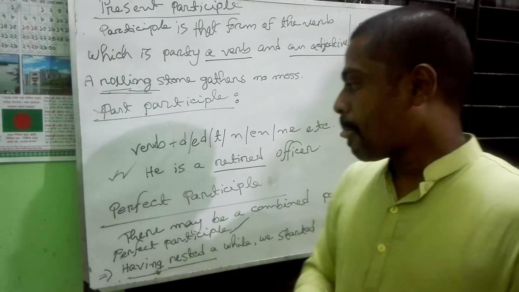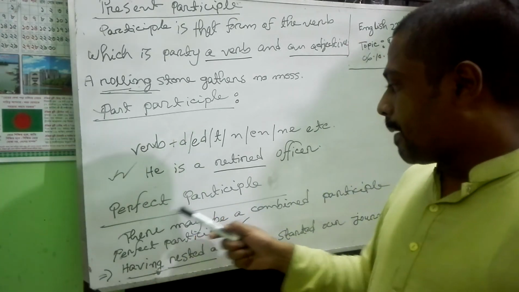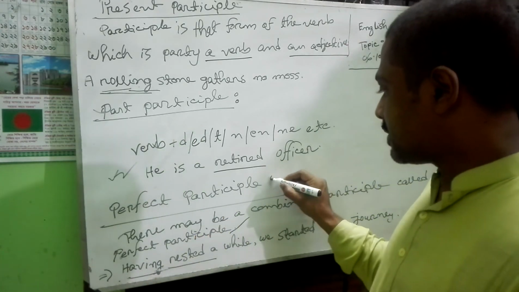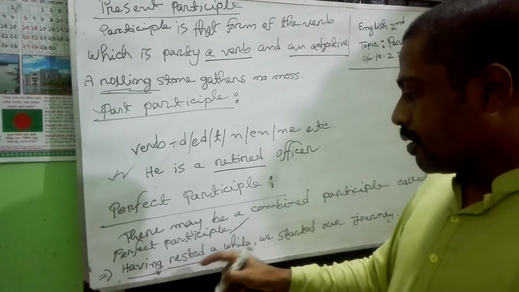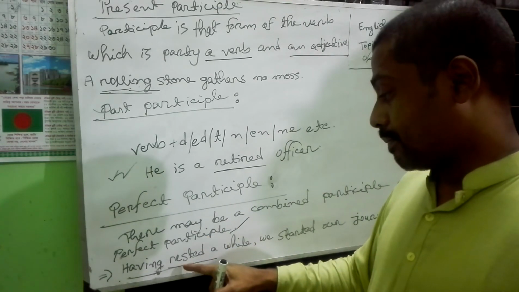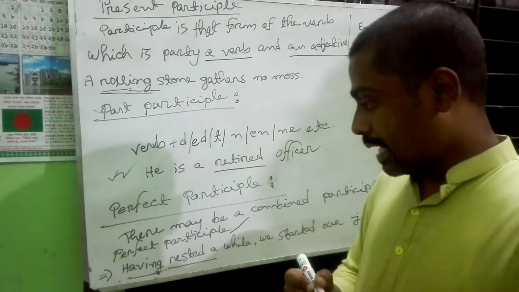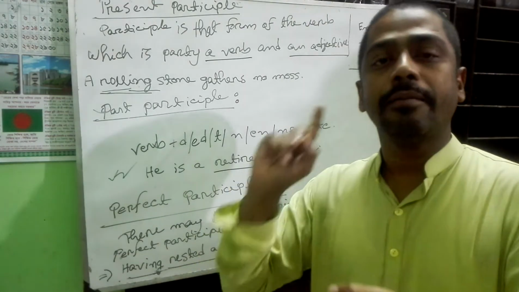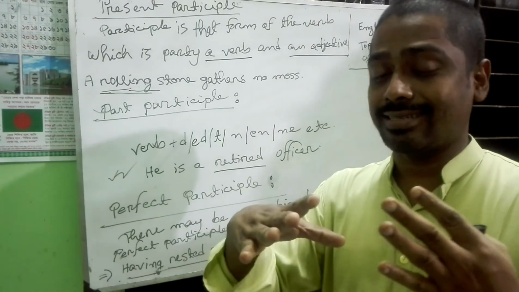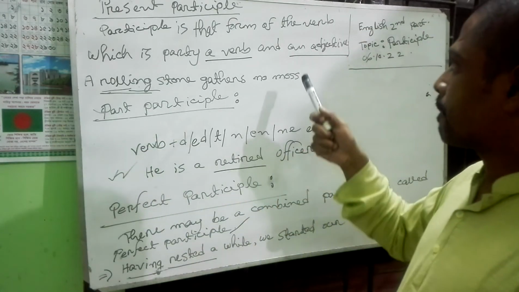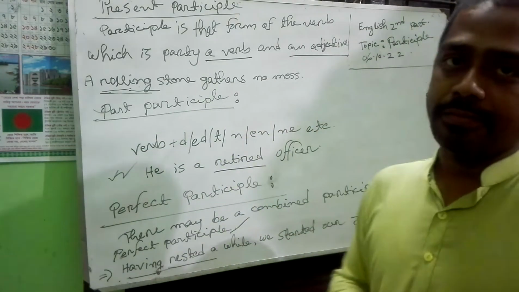Simple. And last of all, perfect participle: before the past participle form of a verb, having is added, and it acts like a verb and an adjective.